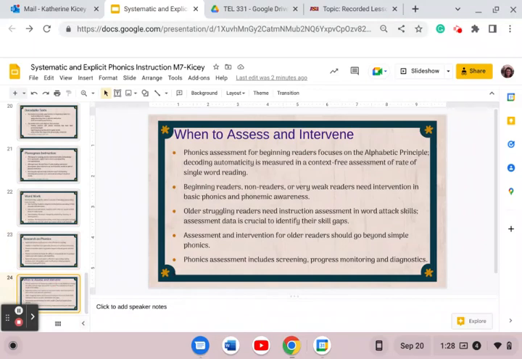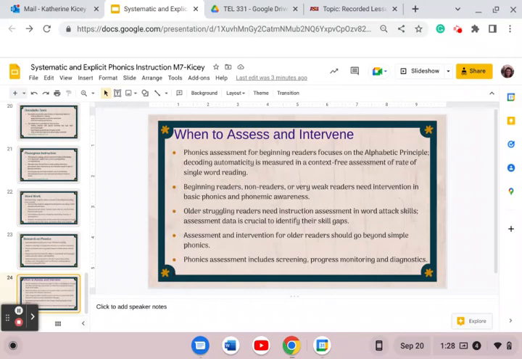So this all is contingent on interventions and assessments. So when to assess and intervene. So phonics assessments, as we have talked about over and over again, are happening throughout the year, throughout each grade. So phonics assessments for beginning readers focus on the alphabetic principles, decoding, and context-free assessment of the rate of single word reading. So that may be how many single words can they read.